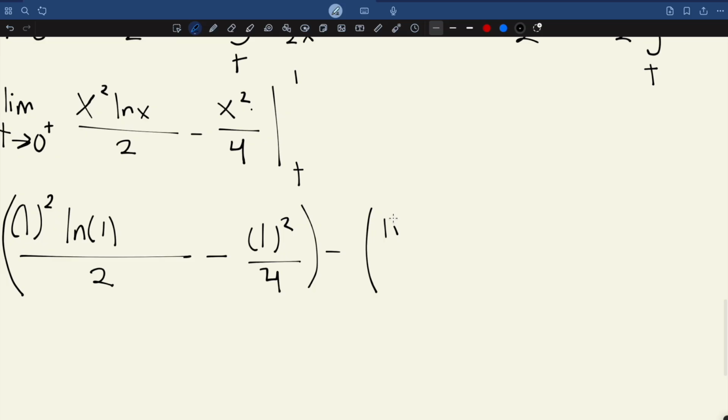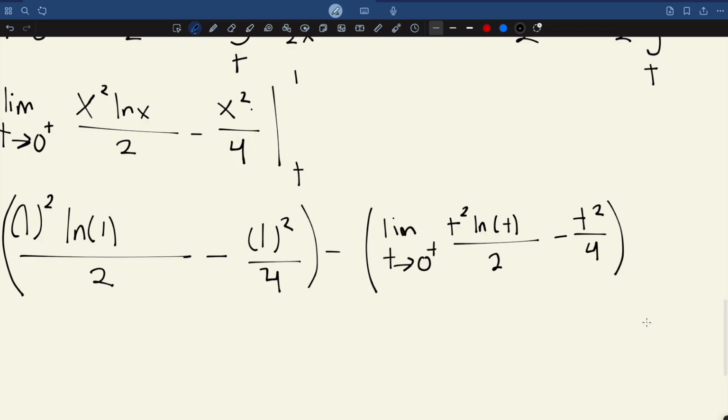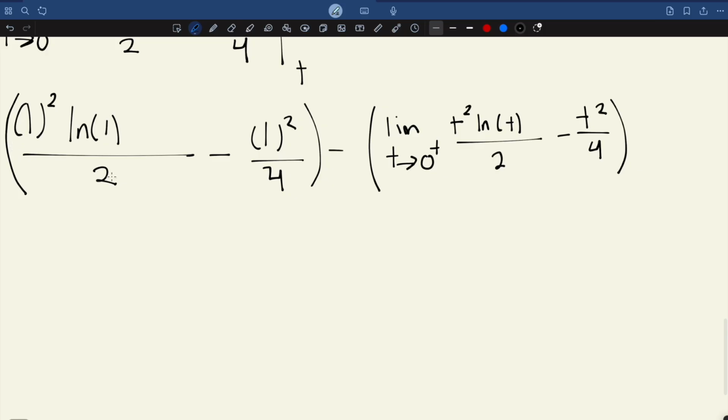So we have the limit as t goes to 0 from the right of t squared ln of t all over 2 minus t squared all over 4. Okay, and now we can simplify this real easily. Ln of 1 is just 0, so it would be 0 minus a quarter.